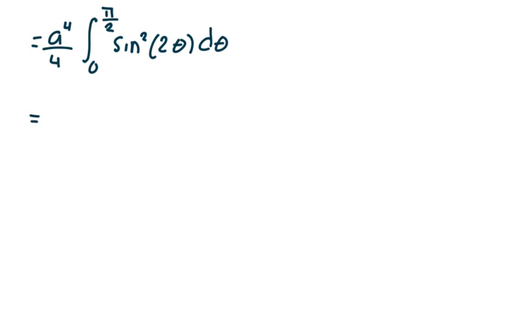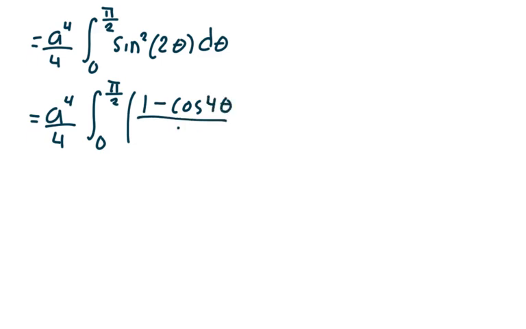Now, I'm almost done. So I get a to the fourth over 4 times the integral from 0 to pi over 2 of 1 minus cosine of 4 theta divided by 2 d theta. Now, I'm going to pull that 2 in the denominator out in front.